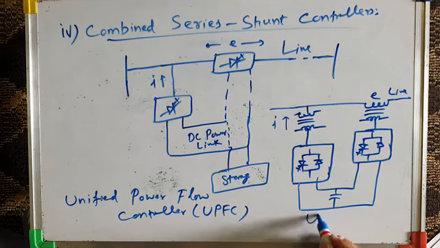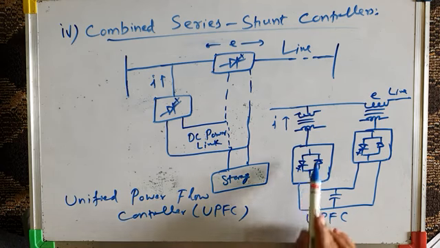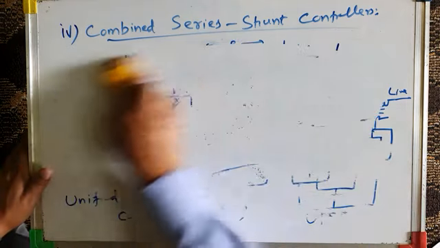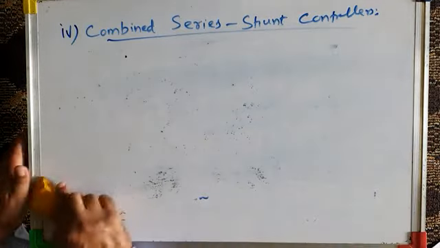So this is the schematic diagram of UPFC, which is basically a combination of shunt controller and series controller. We will study UPFC in detail in one of the future lectures. Okay, so this is about the combined series shunt controller, or UPFC, Unified Power Flow Controller.